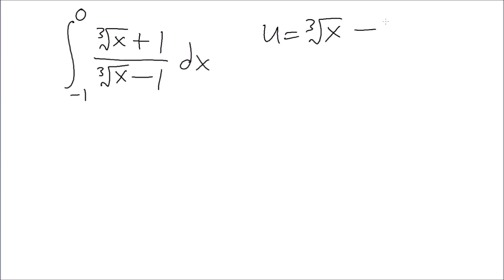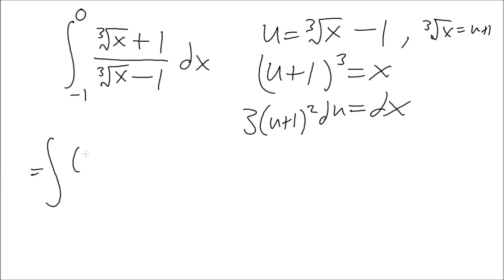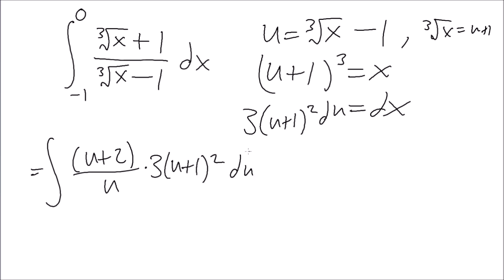So let u equal the cube root of x minus 1, then we'll end up with x, and then dx is going to be 3 times u plus 1 squared du. But then what about here? Then this is equal to u plus 1, so we end up with u plus 2, you have u here, and then times 3 times u plus 1 squared du.